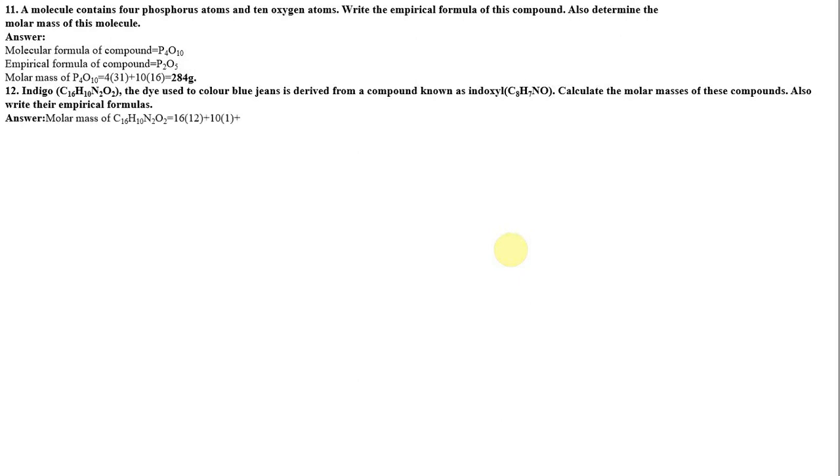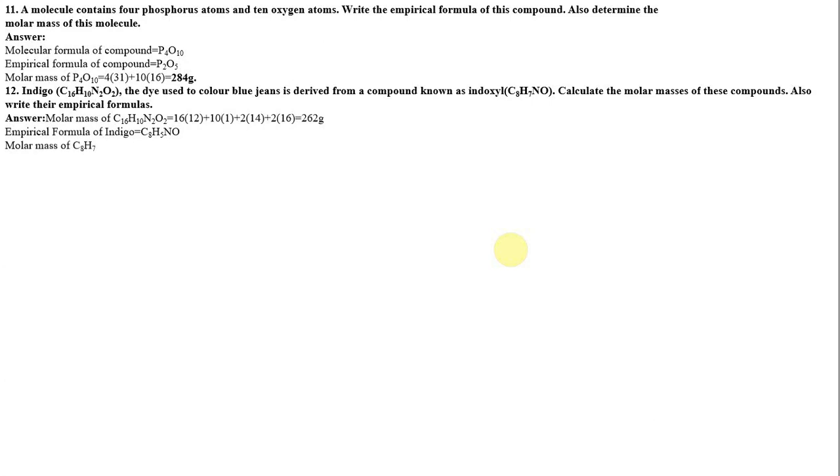Molar mass of indigo is 16 into 12 plus 10 into 1 plus 2 into 14 plus 2 into 16, 262 gram. Empirical formula of indigo is C8H5NO. As 2 is the smallest number, we will divide all the coefficients by 2. We will get the simplest whole number ratio or empirical formula.